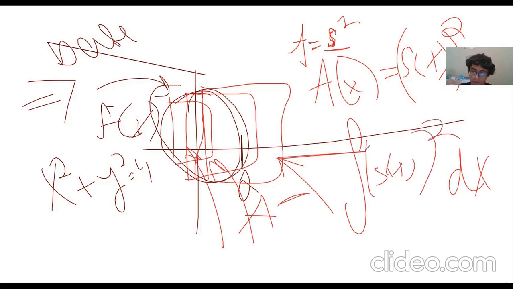But this is the case where they tell you that the cross section comes out as squares. This will be different for maybe circles, where you'll know what the area of a circle is. They'll give you a semicircle coming out. Actually, that's what this thing is.